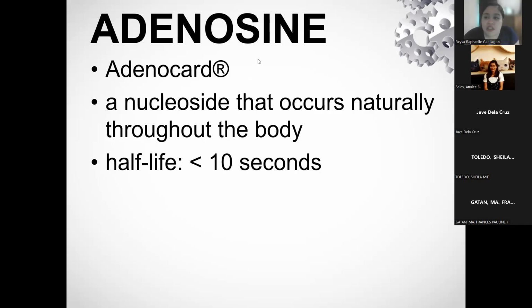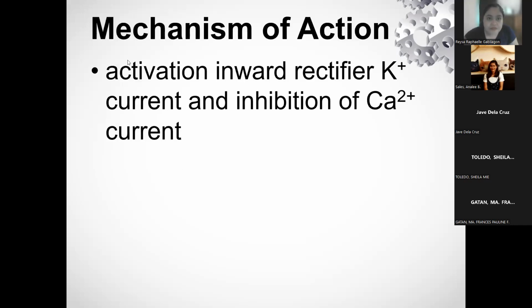So ano yung activity ni adenosine as drug for arrhythmia? This is an activation of the inward rectifier potassium current. So definitely, it will aid potassium to enter the cell, but it will inhibit calcium current. So mag-activate siya ng potassium, mag-inhibit siya ng calcium.